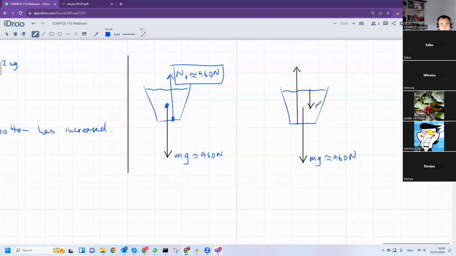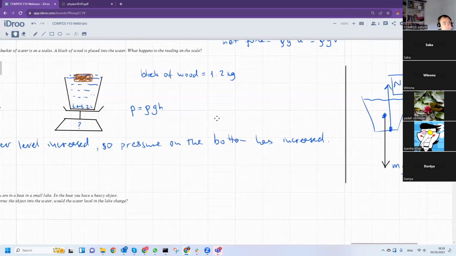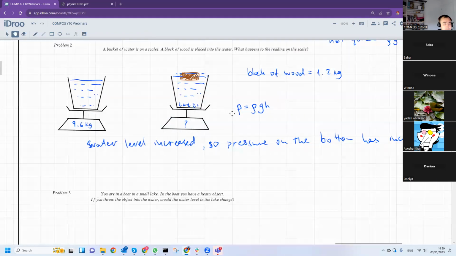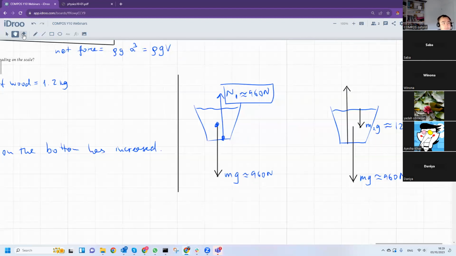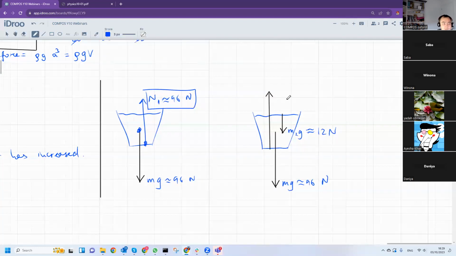You have the m2g, that's the mass of the wood, 1.2 kilograms, so it's about 12 newtons. And the upwards force is N2, the normal reaction force here.